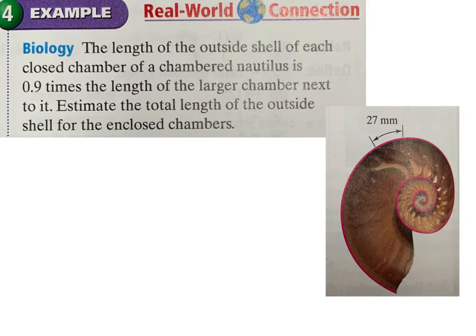So look at this example. The length of the outside shell of a closed chamber of a nautilus is 0.9 times the length of the larger chamber next to it. Estimate the total length of the outside shell for the enclosed chambers. All right. My first term, they give it to me, is 27. So a sub 1 is 27. What is my r here? If it is 90% of it, it's getting smaller.